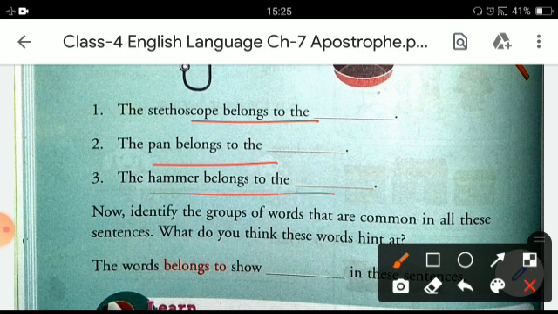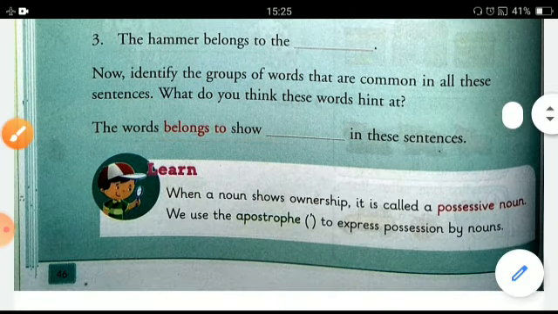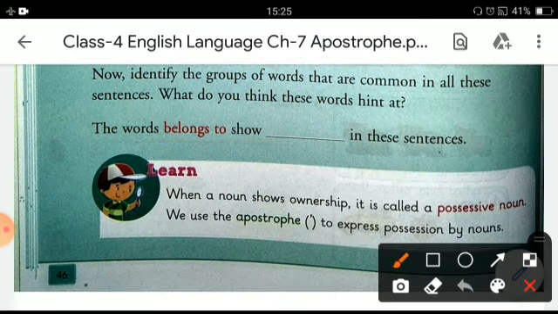Now identify the group of words that are common in all these sentences. What do you think these words hint at? We can find the word belongs is common in all these sentences. That shows possession in these sentences.